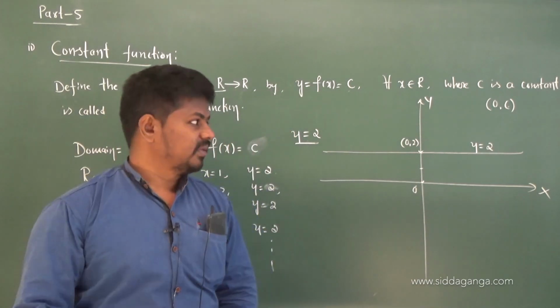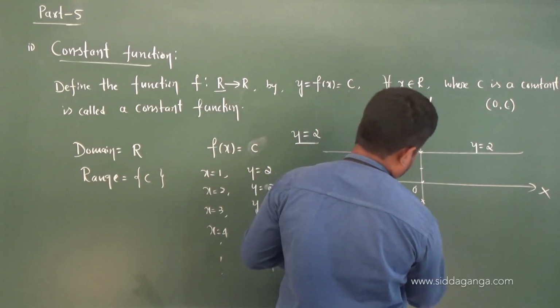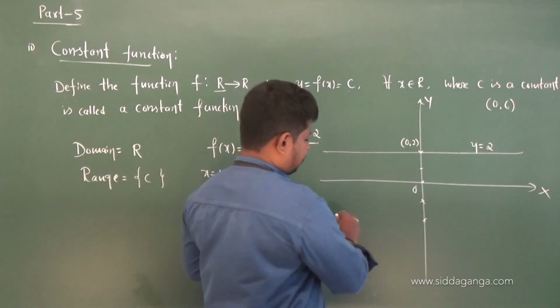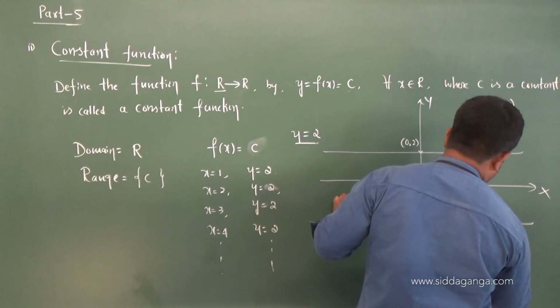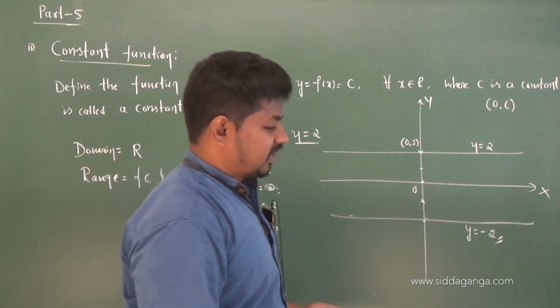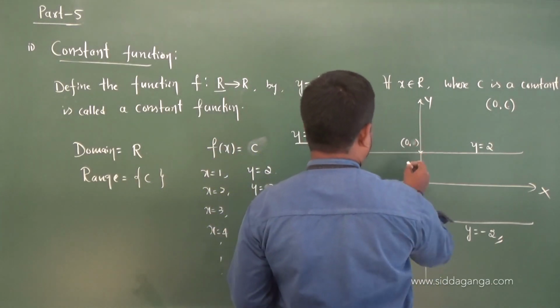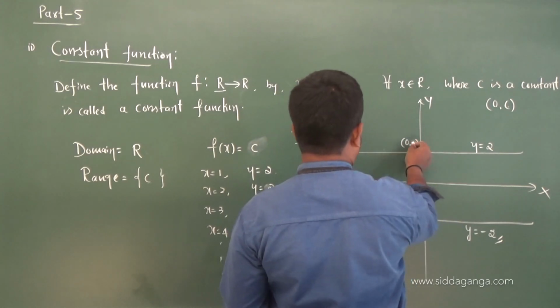If it is negative, if y is equal to minus 2, it passes through 0 comma minus 2 here. Suppose if they ask, you just write y is equal to c here, don't write 2. If they ask y is equal to 2, you can write 2 here.